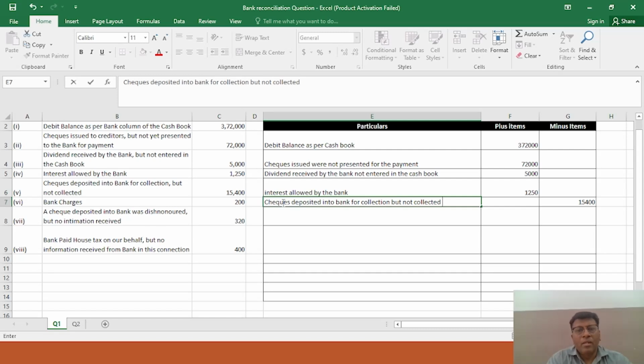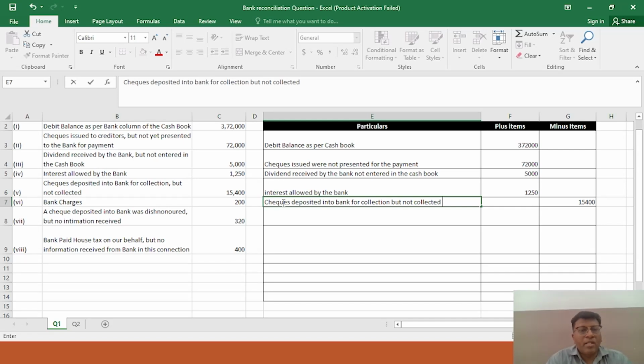You focus on the very first line, where the balance of a particular book is given to you, and you prepare your bank reconciliation statement on the basis of that book. You assume that you are maintaining that book, and you go through the opposite book, that is the passbook in this question. So on the basis of the effect on the passbook, you prepare this financial document, that is the bank reconciliation statement, and 15,400 is the amount of this transaction.